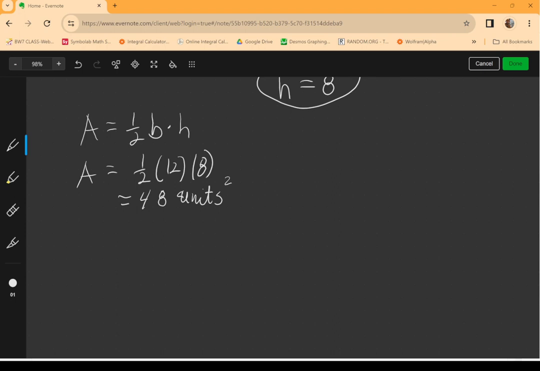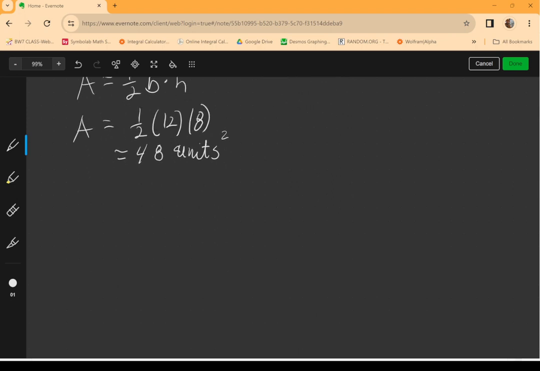Okay, so now let's take a look at a slightly different type of problem. For this problem, let me draw the figure here.